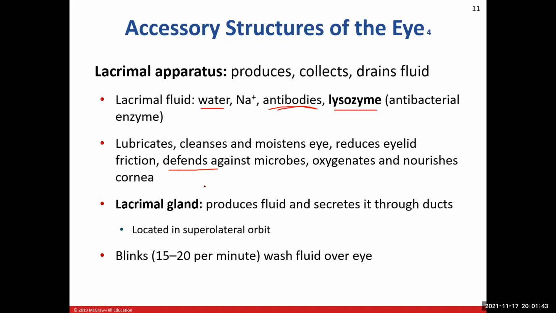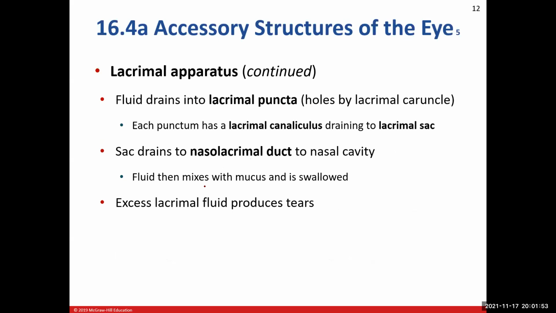But every time you do that, just think of it as kind of flushing or moving that lacrimal fluid all around the surface of your eye, so you can clean it and keep it moist and protect it from drying out. So here's what's going to happen. The lacrimal gland, and I've got a picture here that I'll show you in a moment.